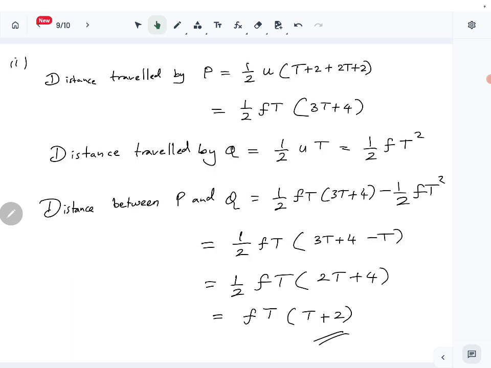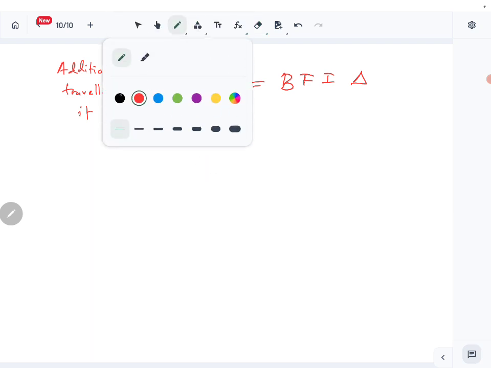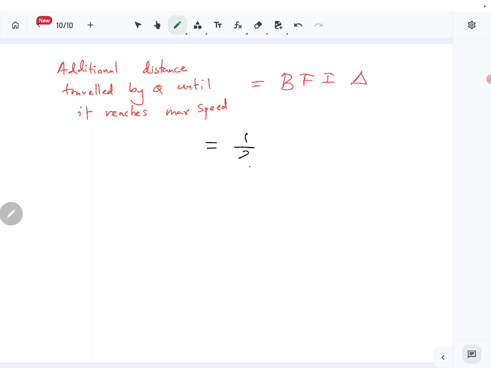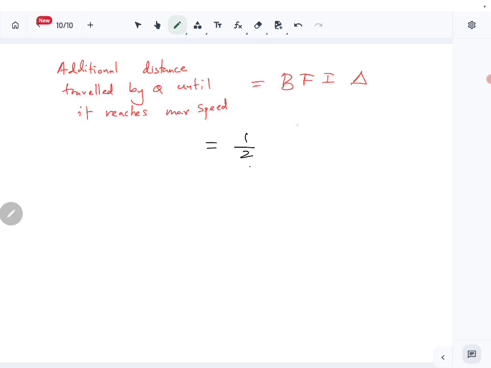So BFI triangle. So let me write that. That is given by the BFI triangle. So half, T over 2 is the base. Height is what?